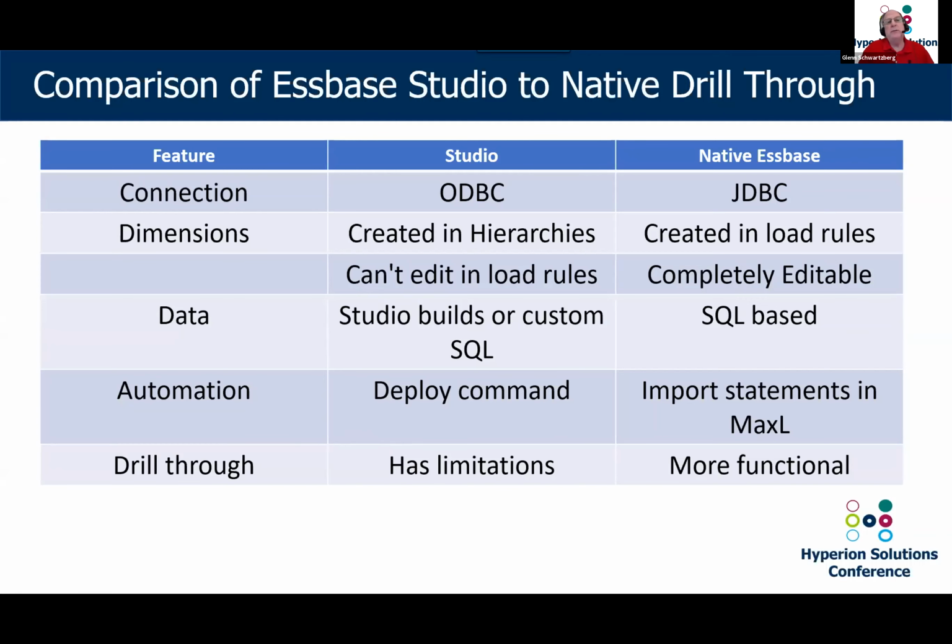If we want to build dimensions, we have to build a whole model in Essbase Studio, and we create them in what are called hierarchies. The hierarchies are just relationships between columns in the data. In native Essbase, we use just standard load rules with what we call connections, and I'll show you this all in a little while.